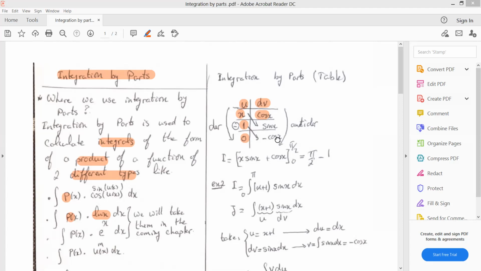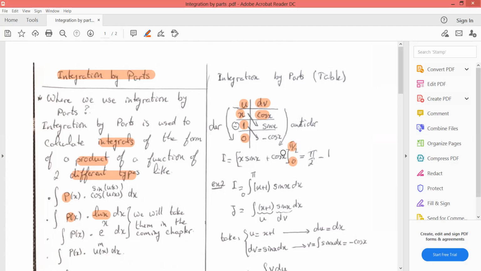To calculate the result: uv, so we multiply x times sine x, that is x sine x, minus 1 times minus cosine x, which becomes plus cosine x, between 0 and pi over 2.